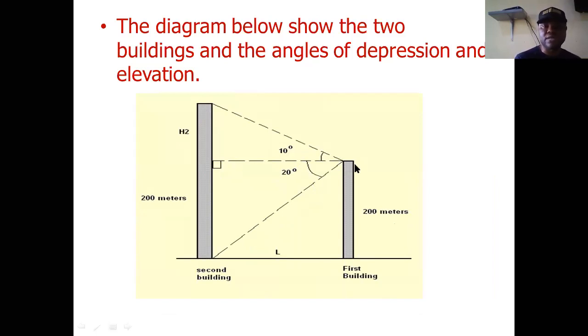So for us to find the height of the second building, we need to find the height above here, which is H2. For us to find H2, we need to find the distance between the first building and the second building, which is L.